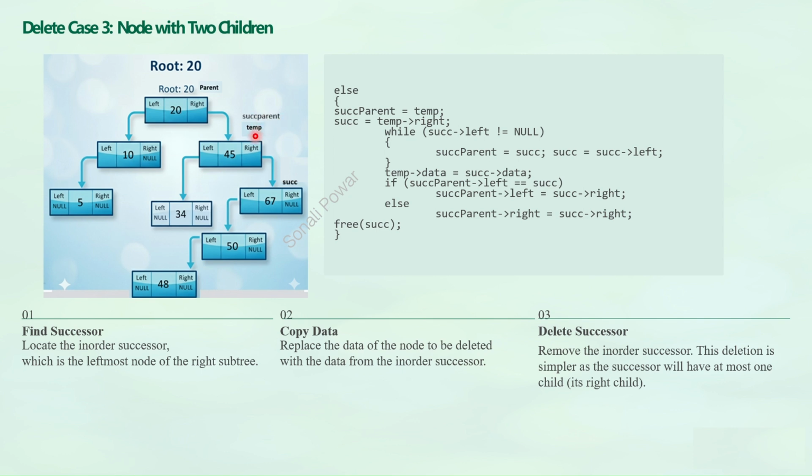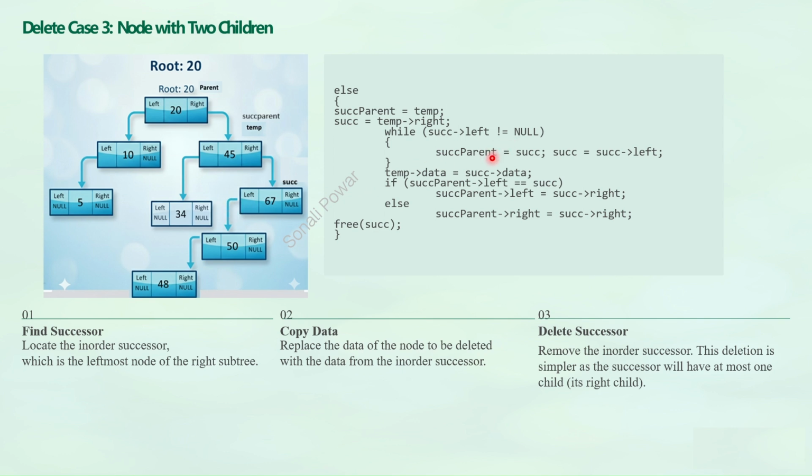Successor parent will be present here and this is the successor. Now as I said, you have to move towards the leftmost element, so I will move towards the left side of this 67. Here we have to write the while loop. As I said, you have to go to the leftmost element. So if the successor left is not null, now in this case it's not null.